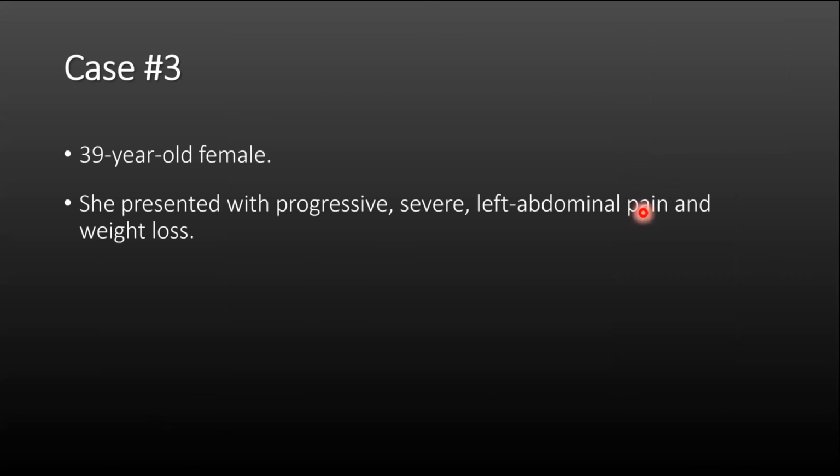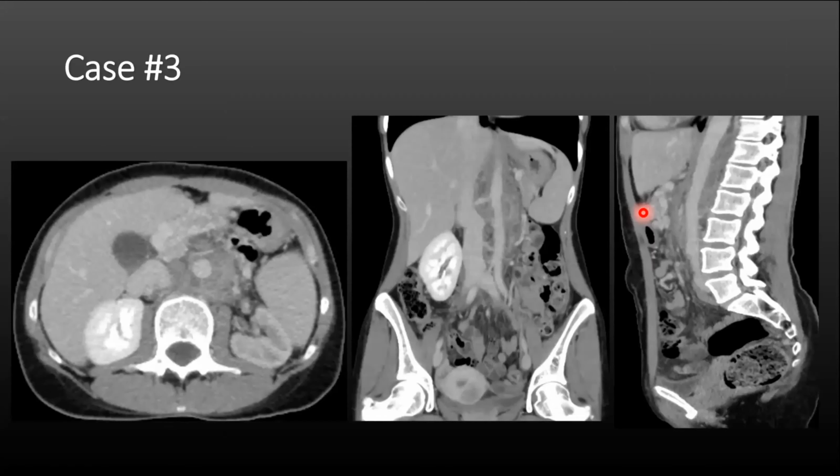Case 3, this is a 39-year-old female presented with progressive severe left abdominal pain with weight loss. Contrast enhanced CT was done. I'll give you a couple of seconds to look at it.